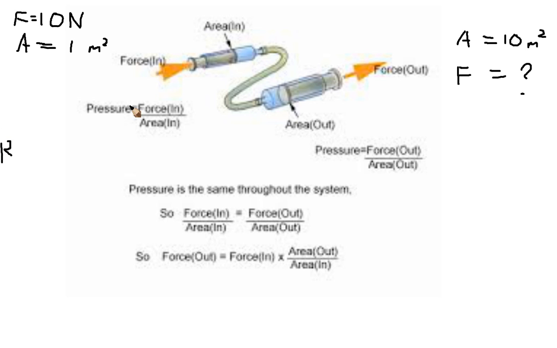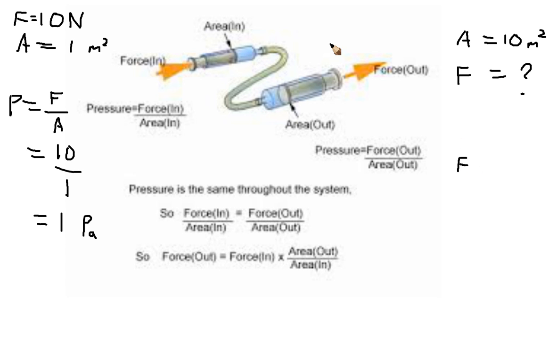So pressure equals force over area. So in this case, that's 10 divided by 1, so we would have 1 pascal. So over on this side, now that we've got the pressure, we can go, well, force.